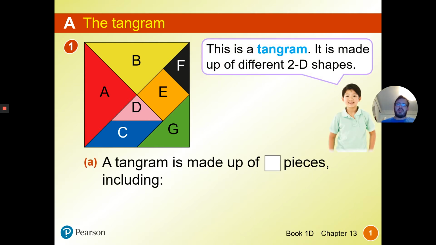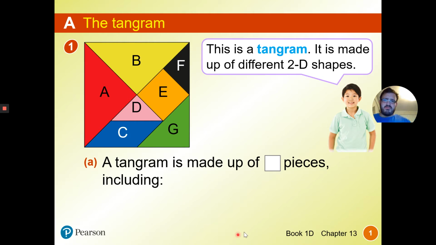So in a tangram, we need to first add up how many pieces we've got. So we can count through and we can easily say A, B, C, D, E, F, G. That is 7 pieces. Why do I count 7 pieces first?